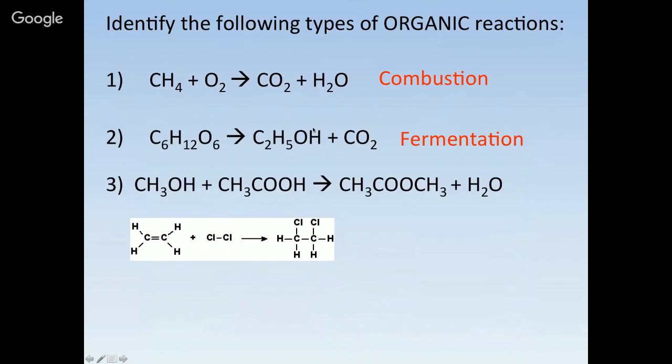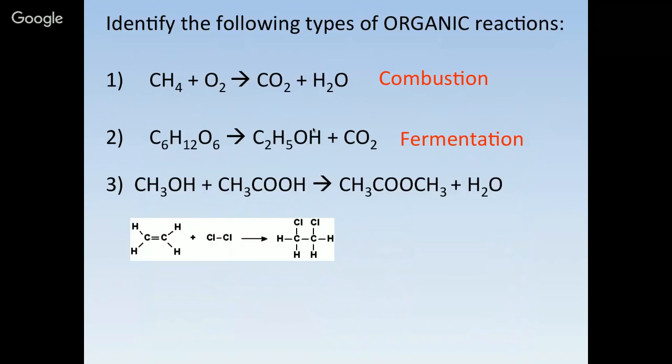Okay, this next one, a little bit trickier. So we have an alcohol reacting with an organic acid. So what are we thinking on this one? Good job. This one is esterification.